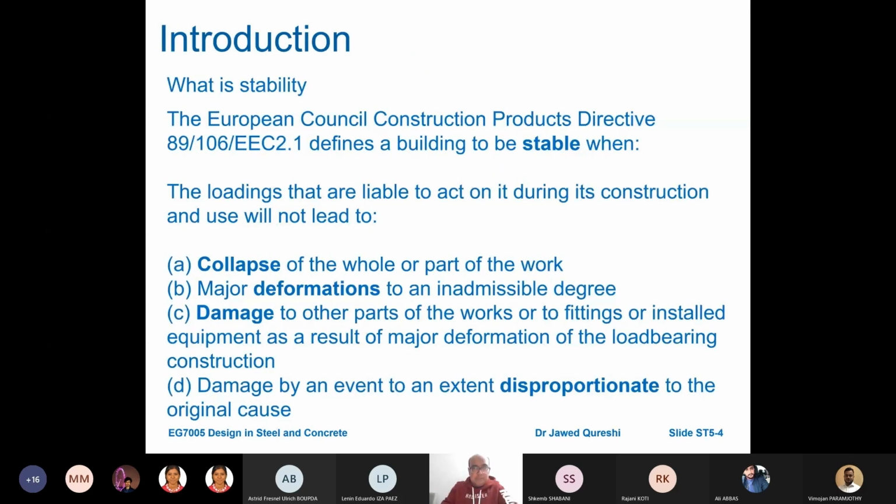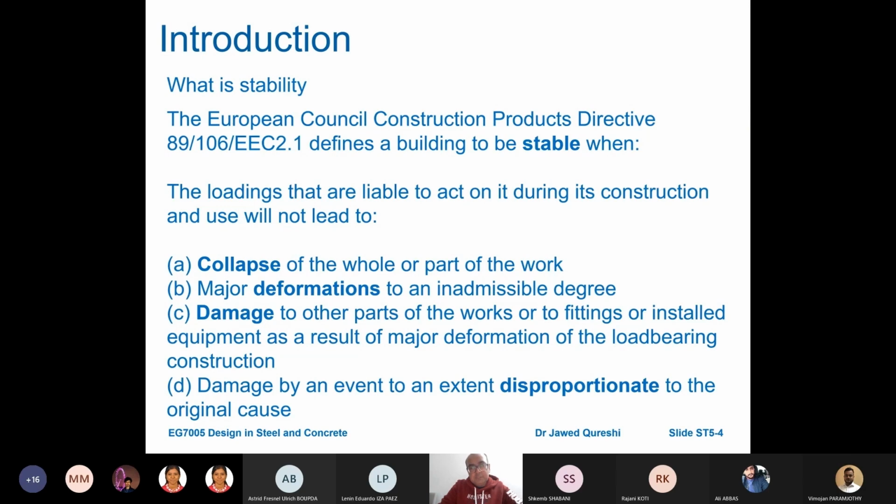What is stability? The European Council Construction Products Directive defines a building to be stable when, under the loadings liable to act on it during its construction and use, the structure is not going to collapse. So a stable structure will not collapse. A stable structure will not have major deformations. They will not deflect much.